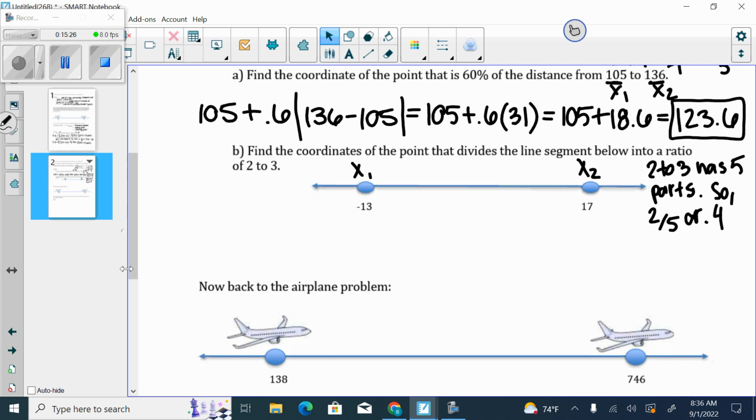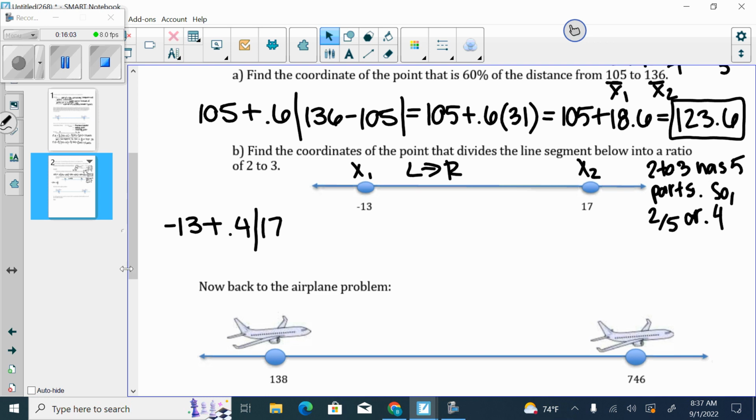Since they didn't specify, if you happen to flip the order here, it should be okay as well. But since they didn't specify, we always assume left to right. So we're going to have our x1 at negative 13. Since we're going left to right, that's the top formula, so the plus sign goes here. And then 0.4 times the absolute value of x2 minus x1.